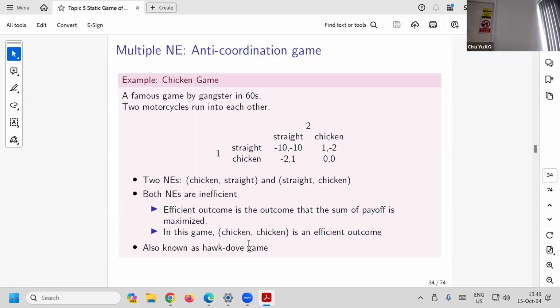In the end, either one guy is chicken, the other guy goes straight, right? And what's the prediction? What's the prediction? Okay. You can't say anything, right? But you will see both equilibria actually are not good, right?